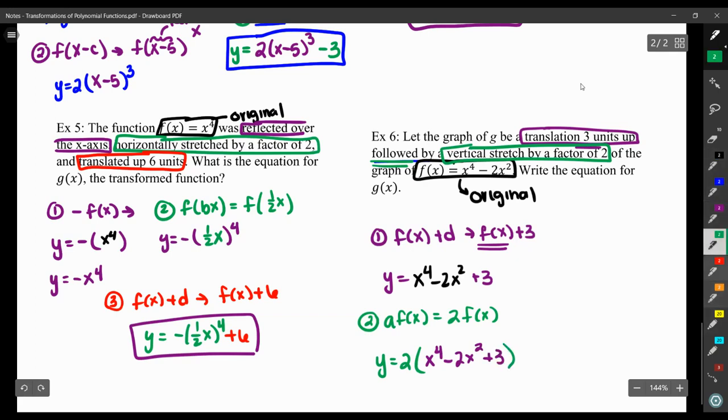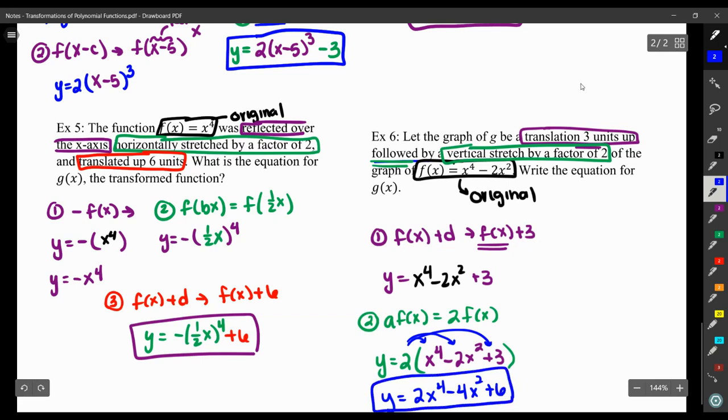And so what happens here is we see that this 2 must be distributed out to everything. And so our function becomes y equals 2x to the 4th minus 4x squared plus 6. So when you have a's, you need to be careful because a is actually applied to the entire function, not just whatever term is in the front. So definitely be careful when you are transforming with the parameter a.